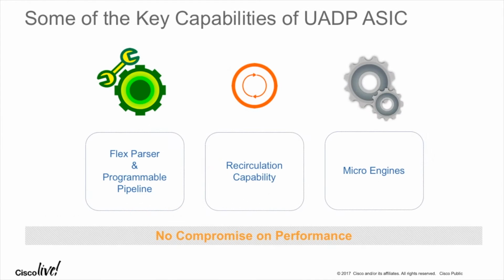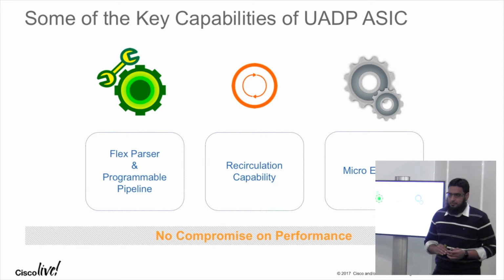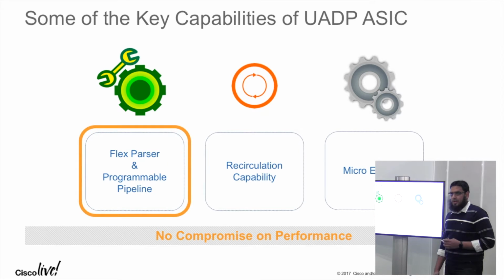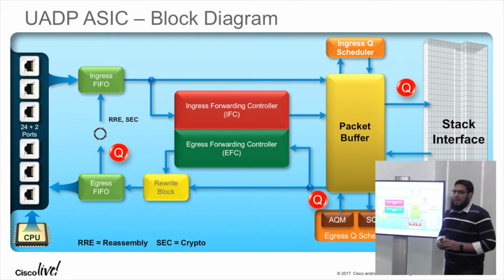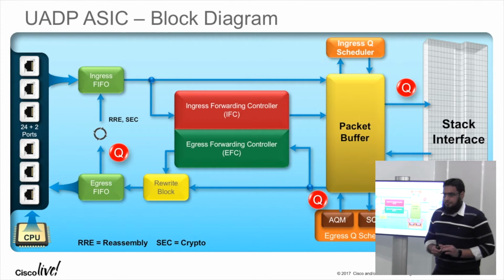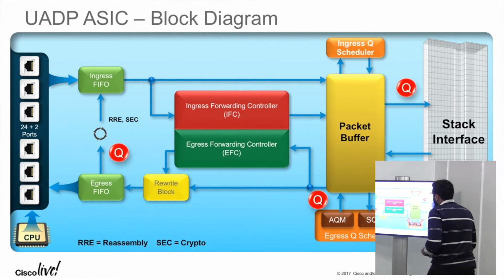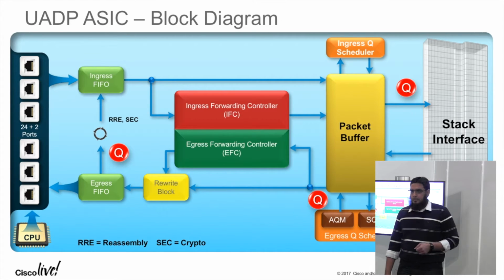Okay. So in the next 15-20 minutes, what we are going to do is we are going to look at 3 key functionalities of the UADP ASIC. The first one here is flex parser and programmable pipeline. Okay. This is a quick block diagram of the UADP ASIC. If you look at the UADP ASIC, we have the network interfaces connected here on the left side, right?